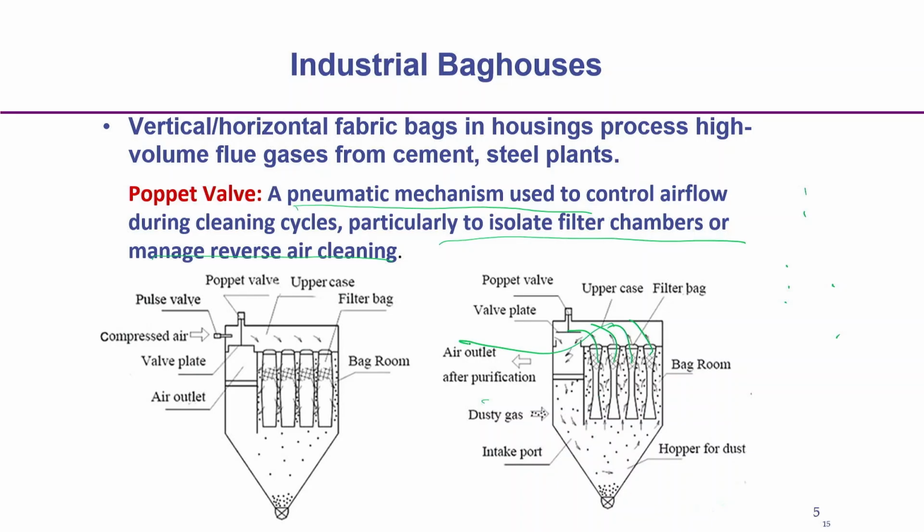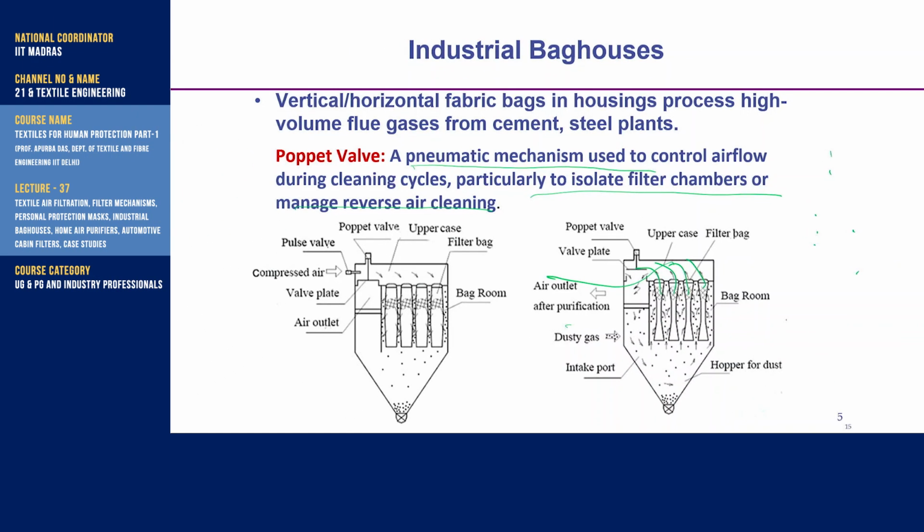So, this production process is actually even in the textile industry, like in the blow room, this type of bag house is required. So, here the dusty air is coming and the clean air goes to the environment, or maybe it is taken into the plant itself.